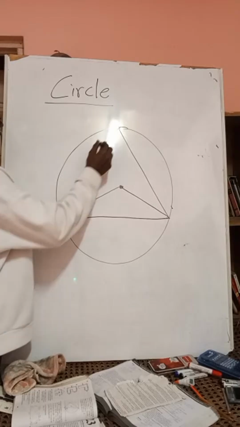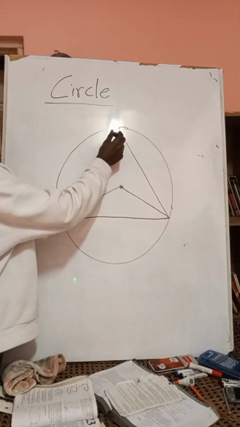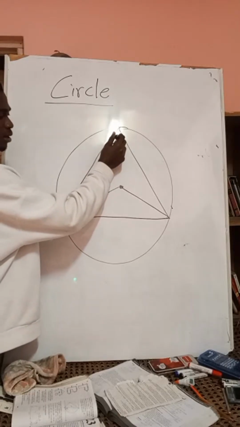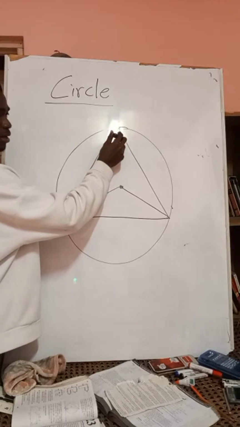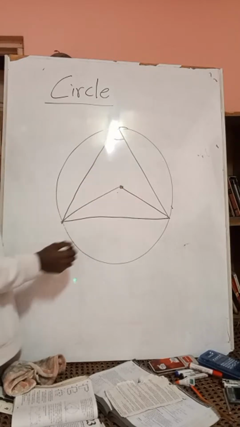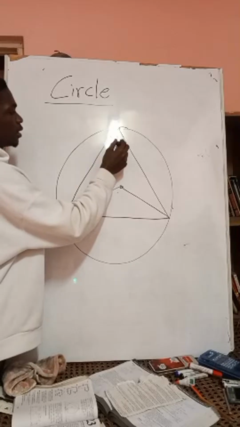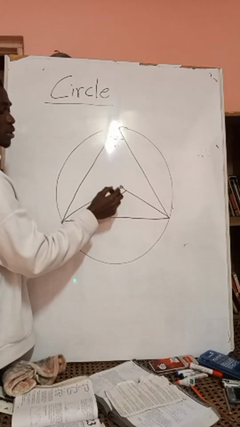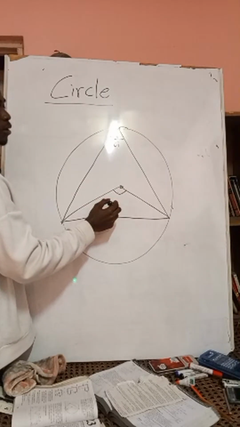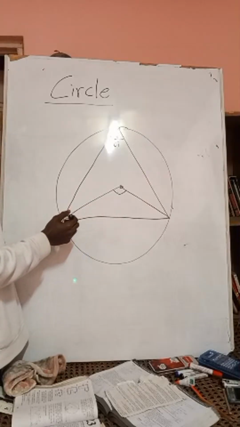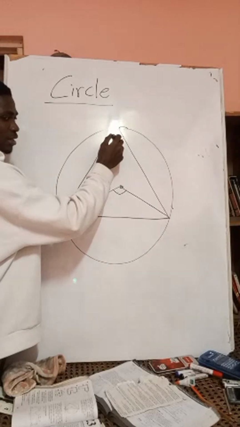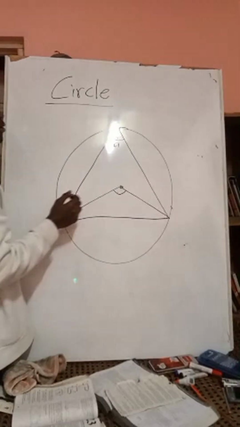See, if this is this side here, the angle here is half of this angle. So if this is A, here is going to be what? Half of it. Listen to what I said. This angle here is half of this angle.